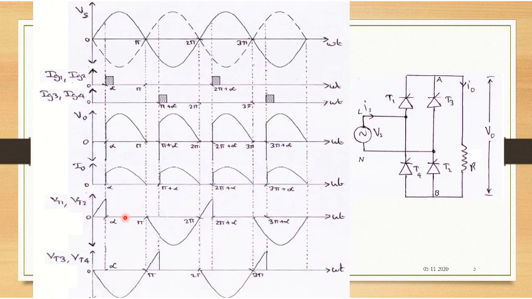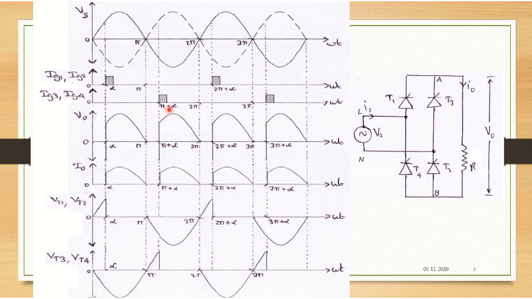So when the device is turned on, you know that voltage across it will be 0. So that's what is indicated here. And when the input voltage is going negative, T1 and T2 will be turned off. So when it is turned off, the same input voltage is appearing across T1 and T2 till it is turned on next in the next cycle, right?